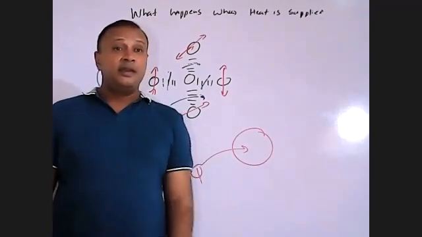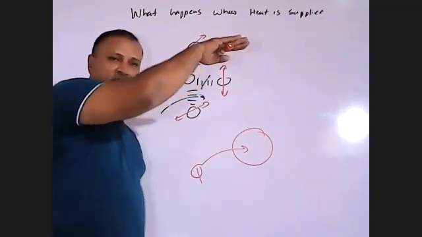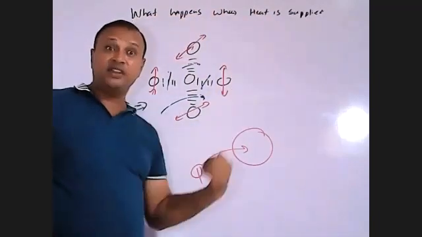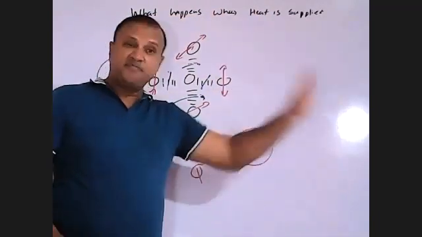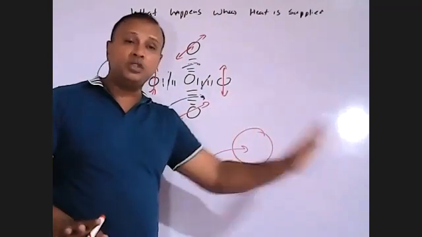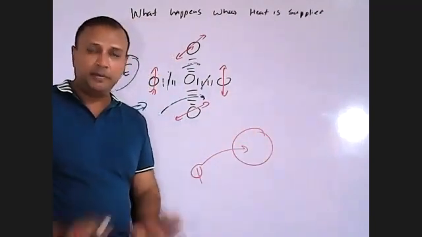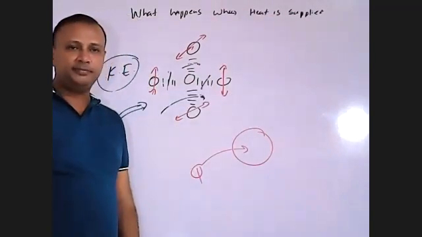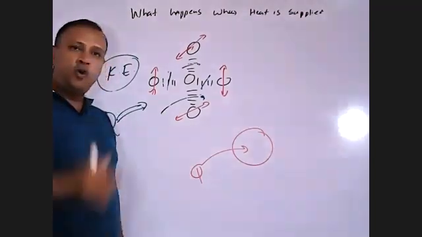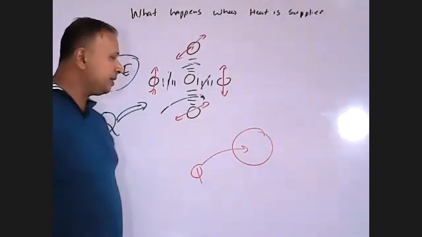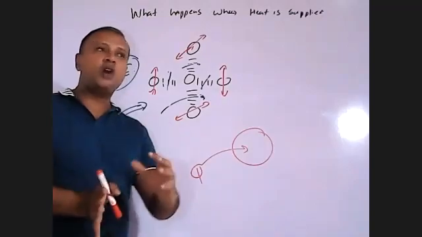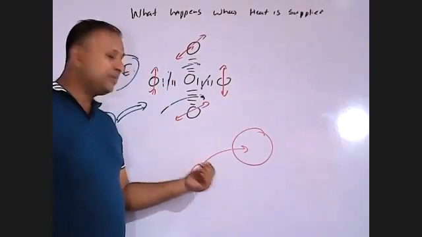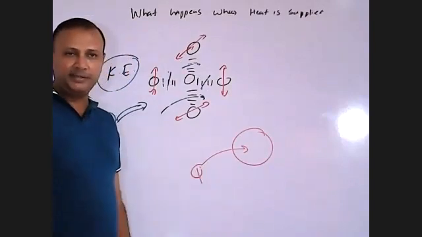That means the kinetic energy will be increased, but nothing happens to the intermolecular bonds up to that point. Therefore, up to that level, the supplied heat is totally utilized to increase the kinetic energy of particles.